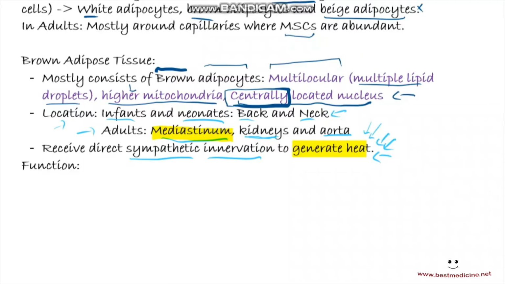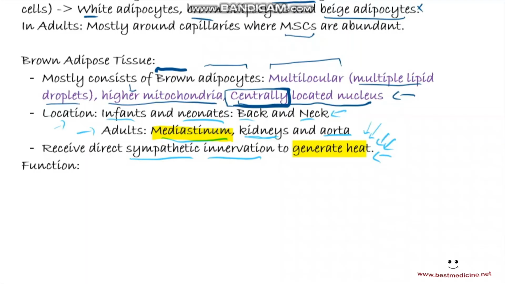Inside the epicardium of the heart, well, the heart has 3 layers, right? What are those layers? Can you remember? Well, the inner layer of the heart is called the endocardium, the middle layer is called the myocardium, and the outer layer is the epicardium.